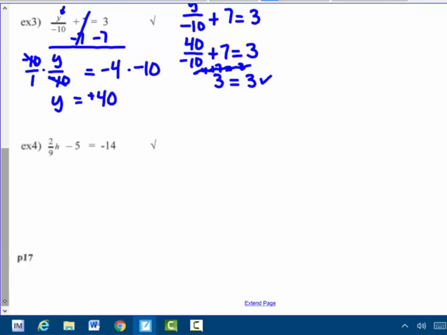2/9 of h minus 5 equals negative 14. So I'm going to add 5 first. So balancing, doing the inverse, adding 5, balancing on either side of the equal sign. I'm going to cancel my 5s, and I got 2/9 of h equals negative 14.